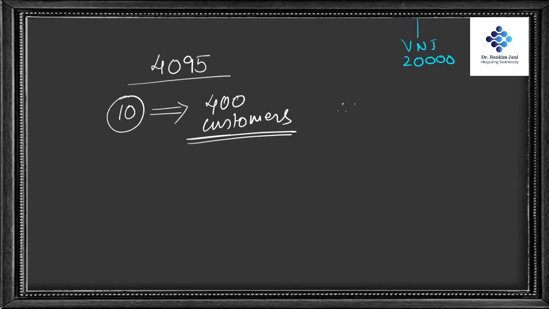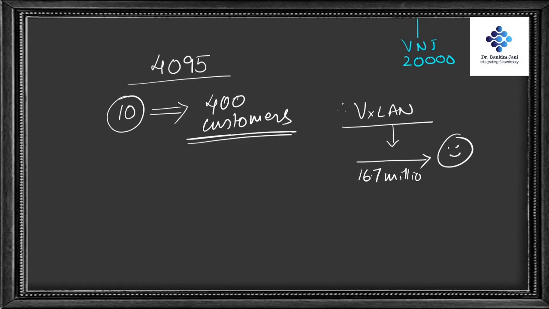Now this is like 400 customers, so it's not a very big thing. But the moment you come up with the concept of VxLAN, this is where you can serve a huge number. This is definitely a better situation because we now have 16.7 million. In both cases, the vital thing is that, going back to our understanding of VLAN, this entire game was only at the level of switches.